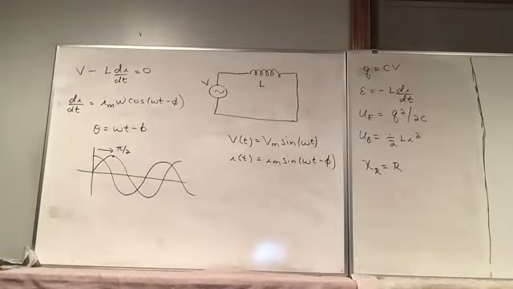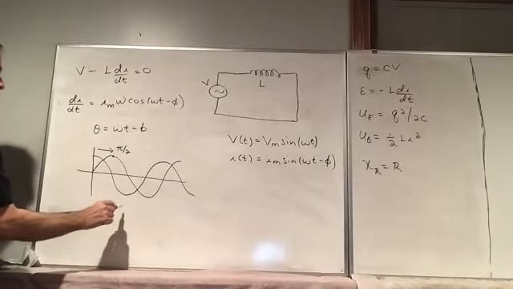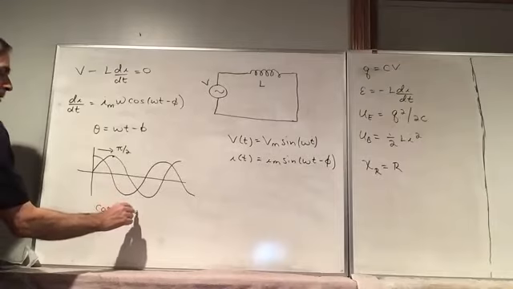And so to do that shift, we would subtract pi over 2. So what I believe is true, let's say we take cosine of theta minus pi over 2.